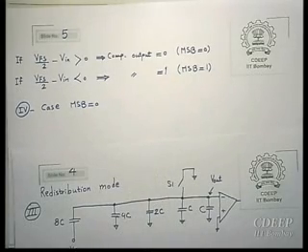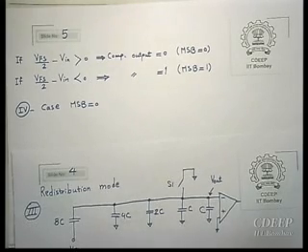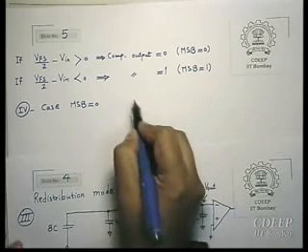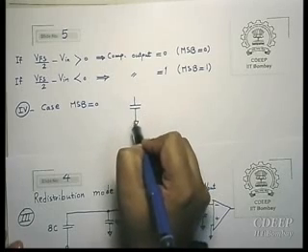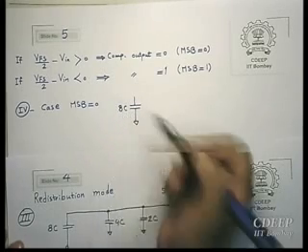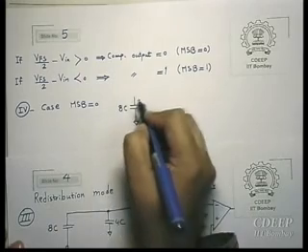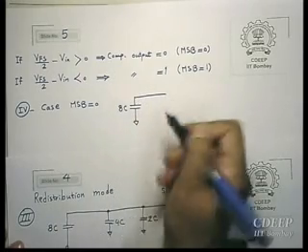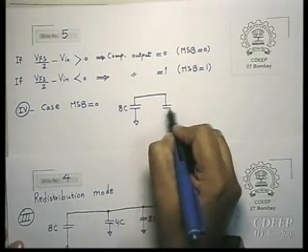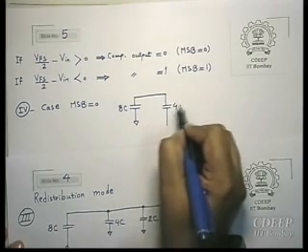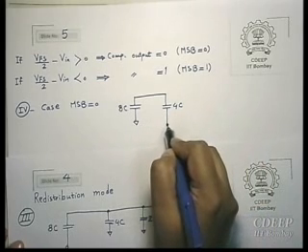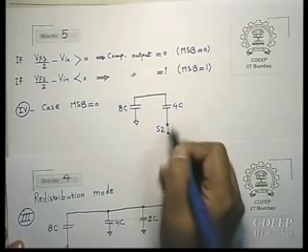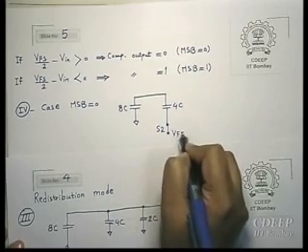So V in is less than V full scale by 2. Because MSB has been 0, the capacitor 8C, which was connected to V full scale, now will be connected to ground. The bottom plate of this capacitor now will be connected back to ground. And now the next bit, which is related to capacitor 4C, will be connected to V full scale.